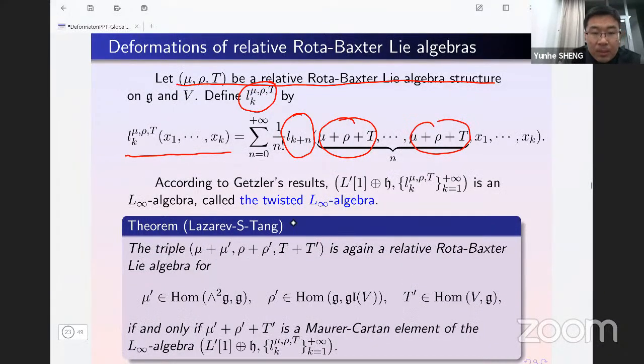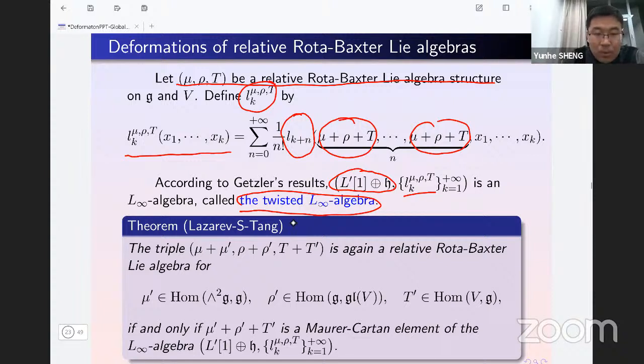Then, according to Getzler's results, L_k^{mu,rho,t} gives a new L infinity algebra structure on this graded vector space, and we call this new L infinity algebra the twisted L infinity algebra.